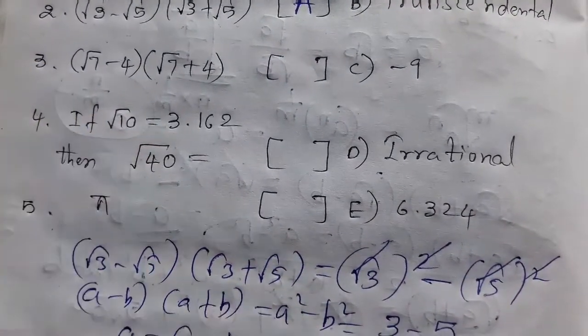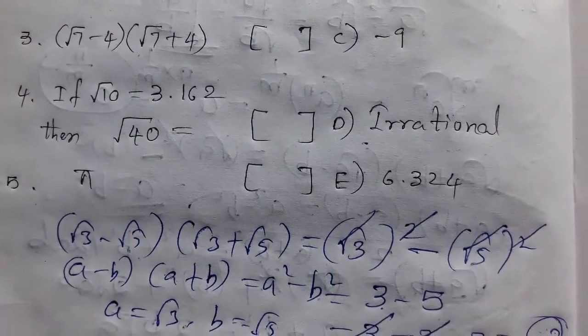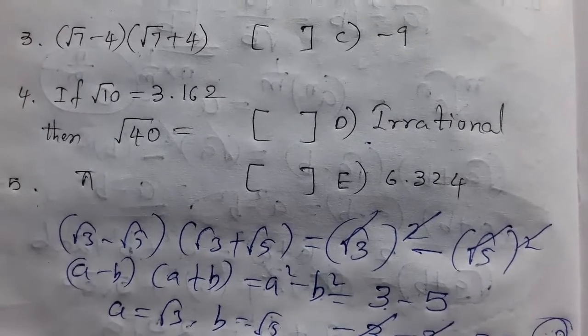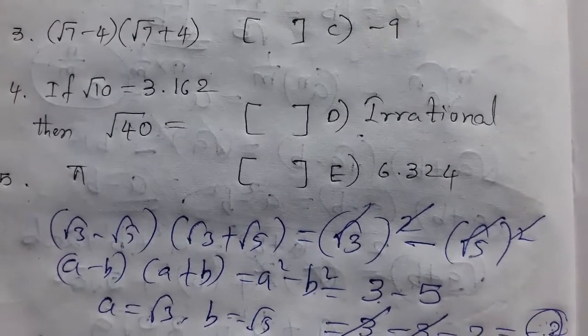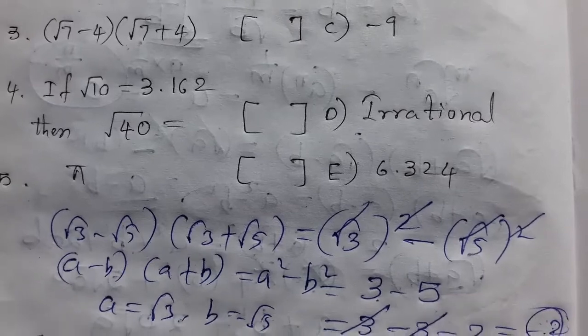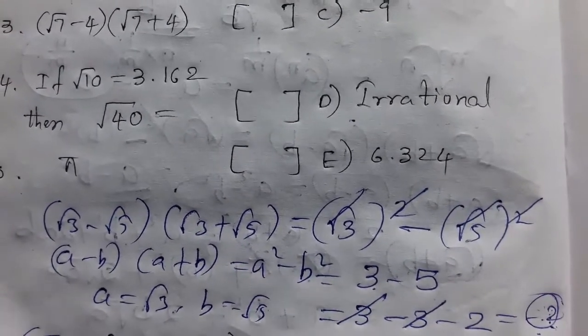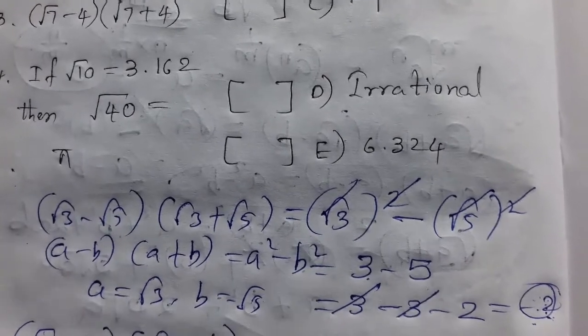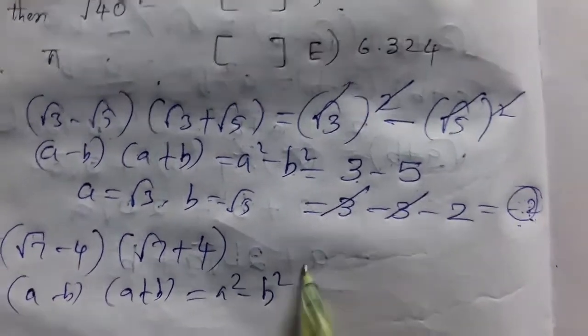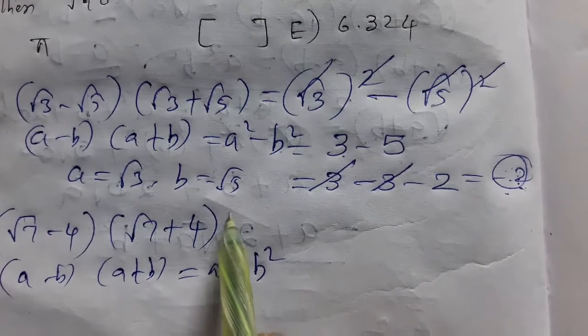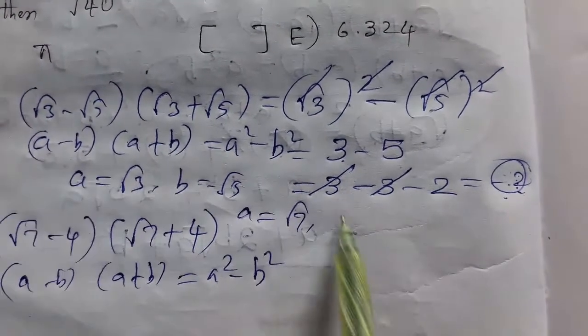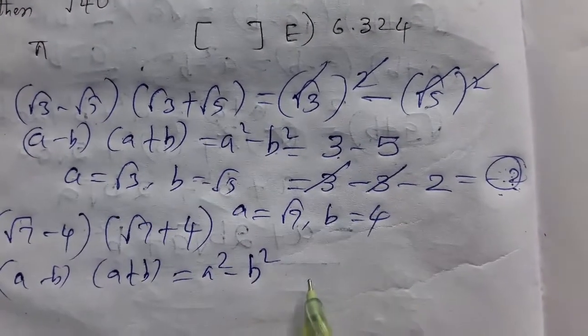Now take the third one. What is given? Root 7 minus 4 into root 7 plus 4. Same, the a minus b into a plus b form, equals a square minus b square. Here a is root 7, b is 4.